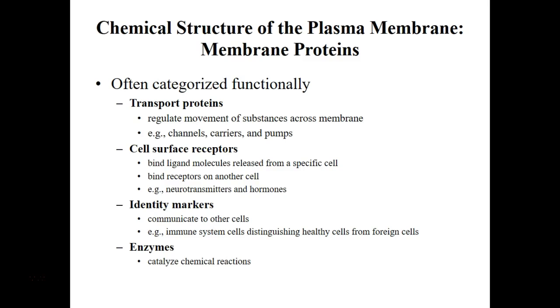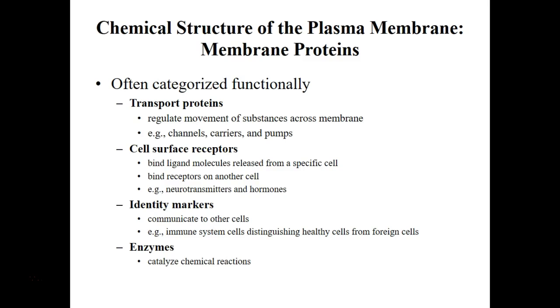So the plasma membrane, in a nutshell, is a semi-permeable membrane that allows certain molecules to cross the membrane while keeping others out. So we have these transport proteins that can help transport molecules from one side of the membrane to the other if they can't go directly across.